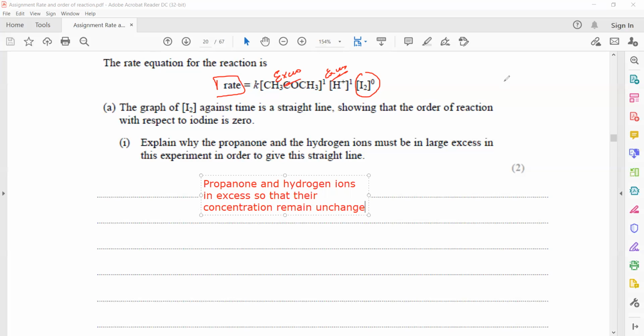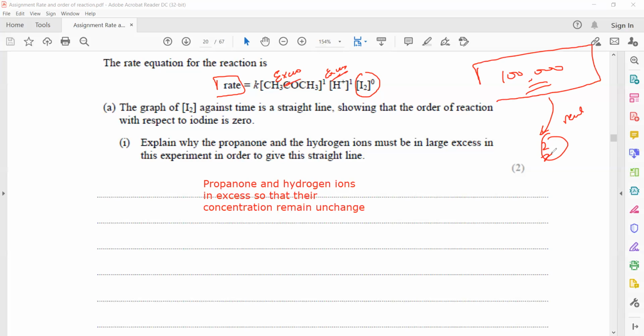For example, if I have 100,000 molecules of hydrogen ion and propanol, and out of 100,000 only 2 or 3 molecules react, then when we compare, the change is negligible. When we have something in bulk and a small quantity is used, we can consider it negligible. That's one point.